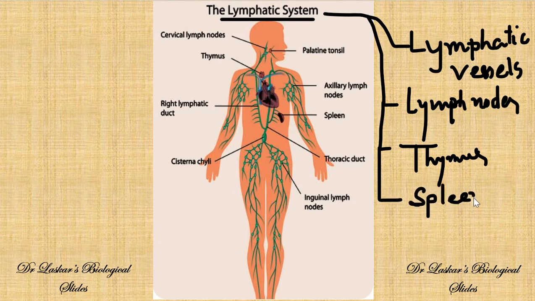These are the main four parts of the lymphatic system. So the lymphatic system, one important physiological system, mainly consists of lymphatic vessels, lymph nodes, thymus and spleen. So first, lymphatic vessel.